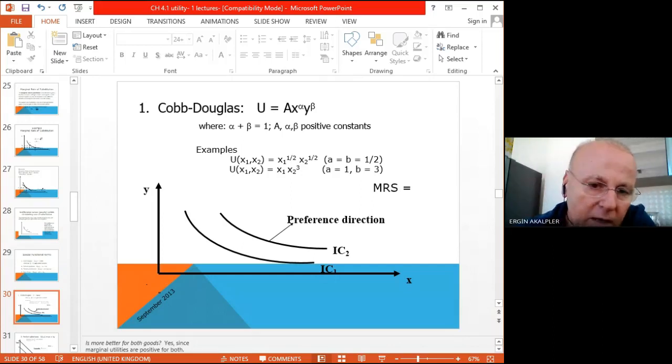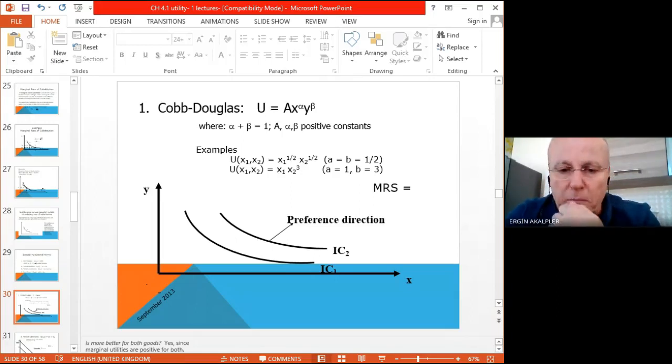In the equation given below, u(x1, x2) is equal to x1 multiplied by x2 to the power of 3, where a is equal to 1 and b is equal to 3. Therefore, indifference curve 1 and indifference curve 2 are illustrated here, where the second is higher than indifference curve 1 as a given example.